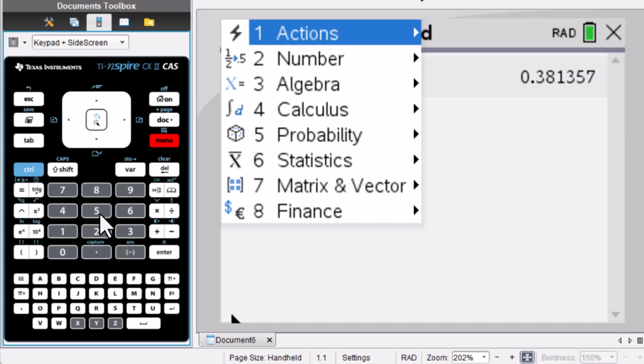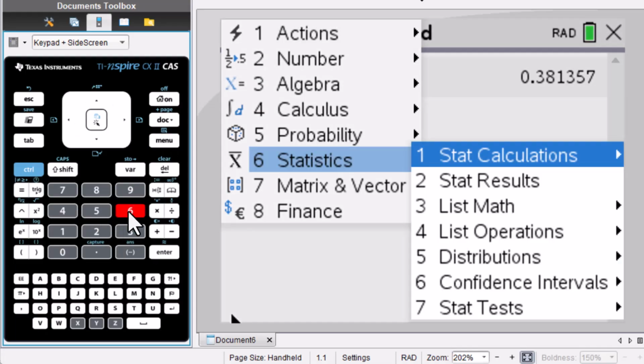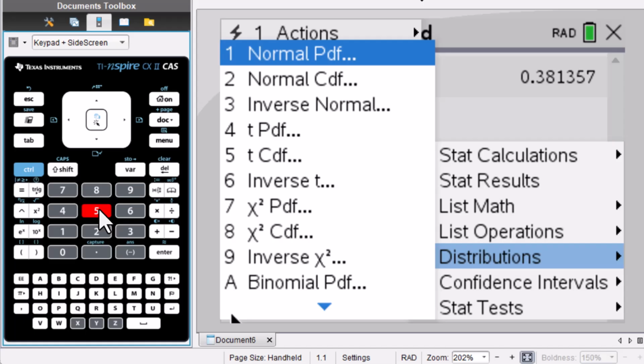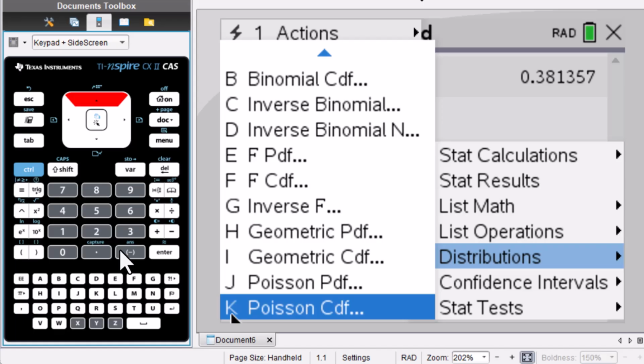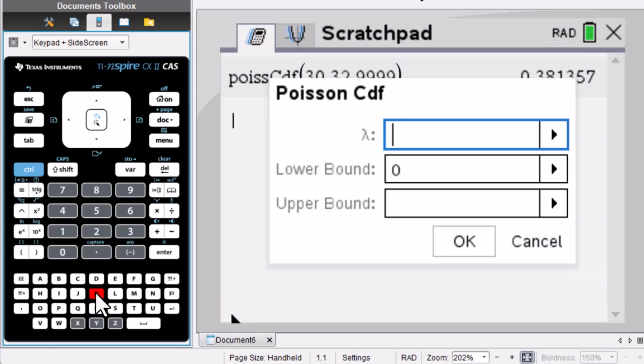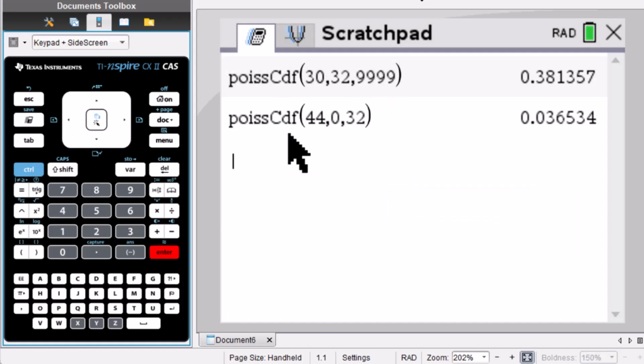Menu, go to 6, go to 5, go to Poisson CDF. Lambda 44. Lower bound is 0. Upper bound is 32. Enter, enter. P-value equals 0.0365.